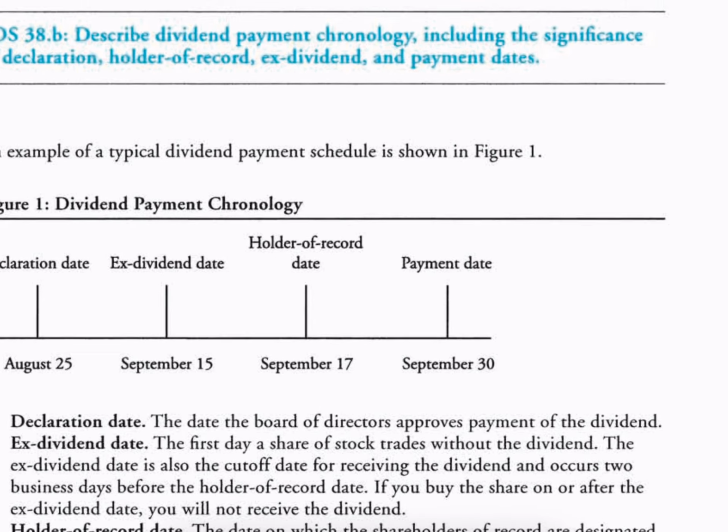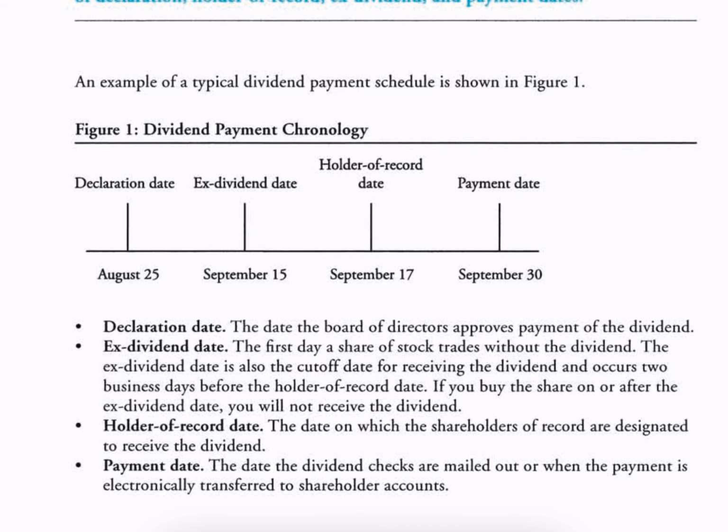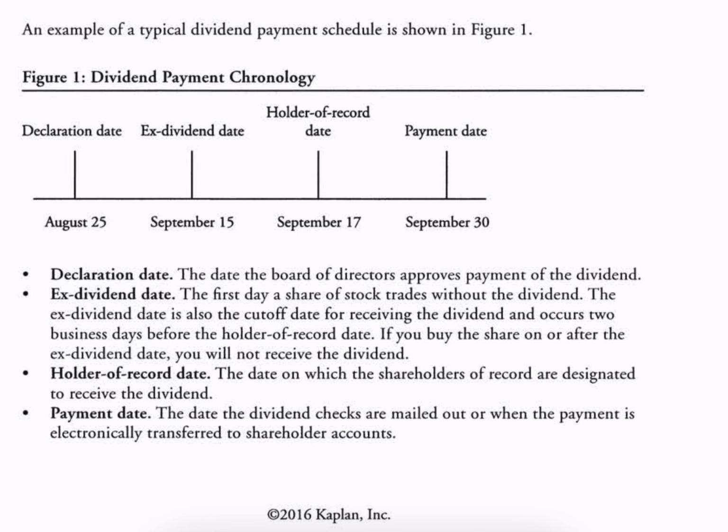Here is the chronology of dividend payment. We have the declaration date, the date the board of directors approves the payment of the dividends. Ex-dividend date, the first day a share of stock trades without the dividend. The ex-dividend date is also the cutoff date for receiving the dividend and occurs 2 business days before the holder of record date.